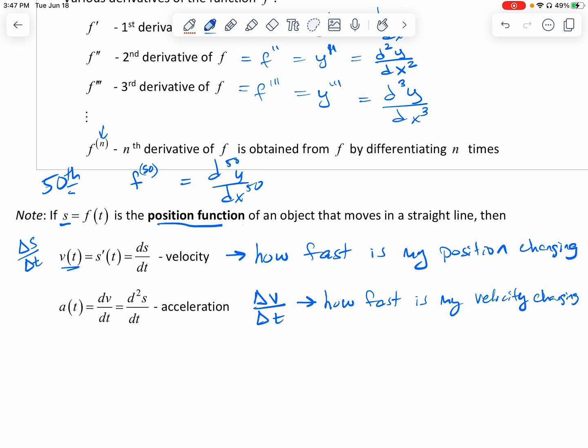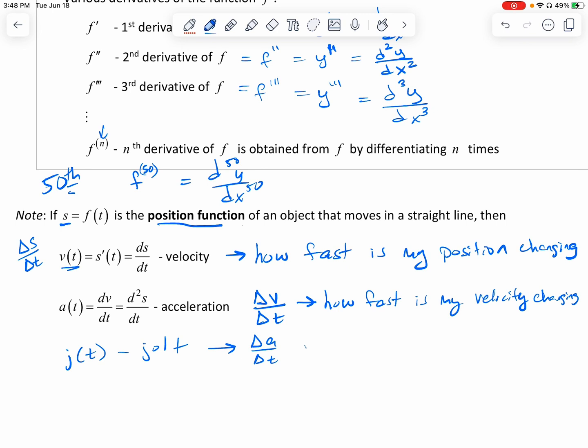If I keep going with this, I'll get j of t, which is jolt. So if I think about change in acceleration in terms of time. If you push your accelerator really hard or slam on your brakes, you're changing your velocity very quickly, which would give you a jolt. But if you accelerate very slowly, or if you just tap on the brake and slowly slow down, then your jolt would be very low.